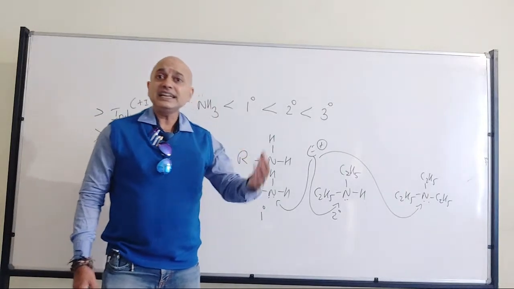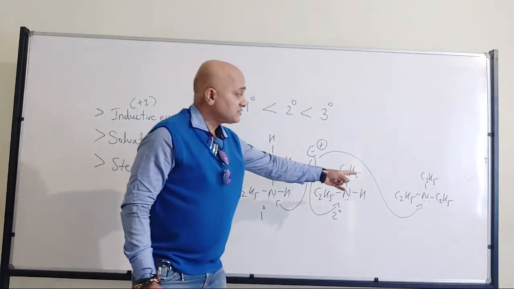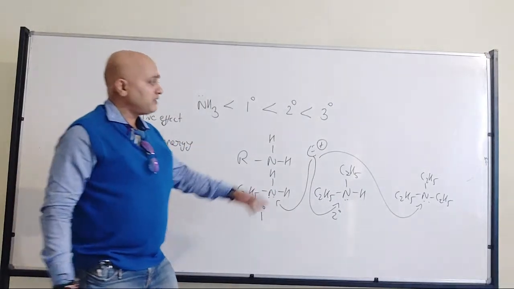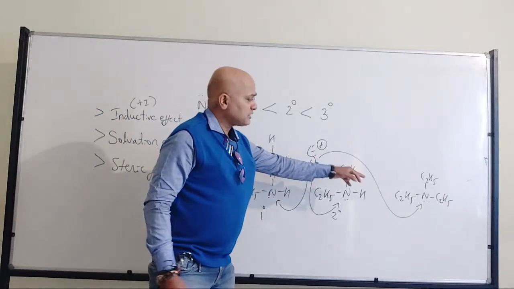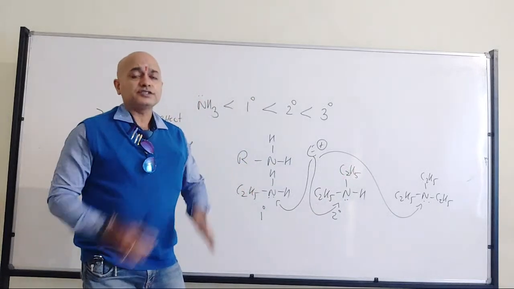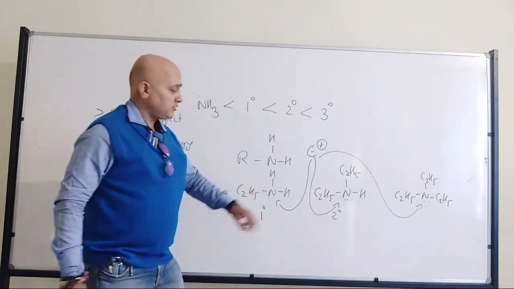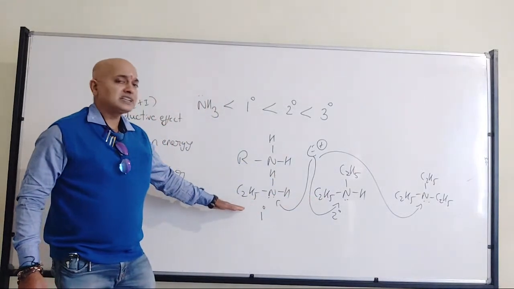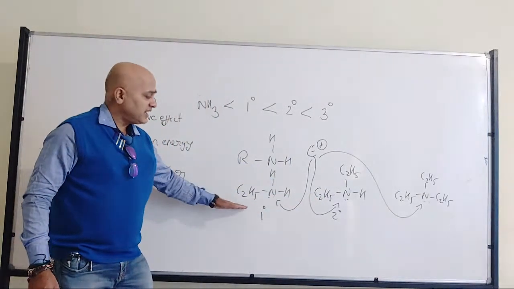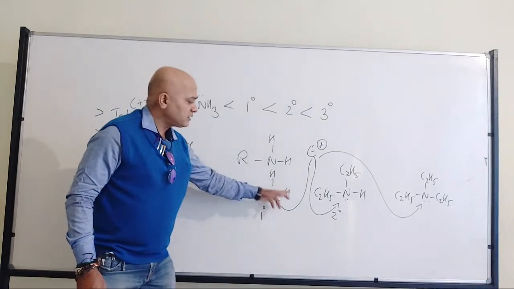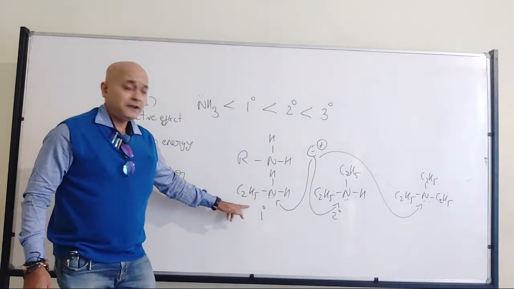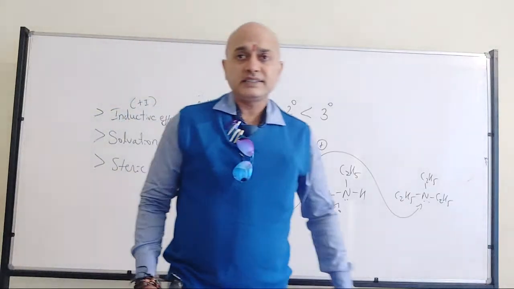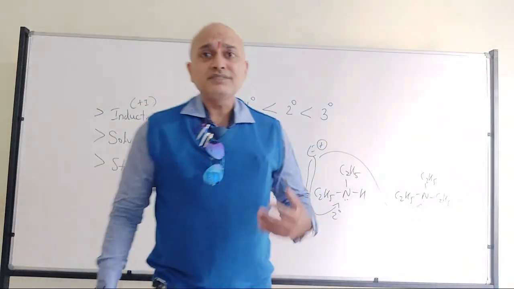It is like a 3D view. Fine? So that's where we have the tertiary amine, where for the lone pair of electrons to attack this electrophile, there is a hindrance due to the large molecules. Now same logic is applicable here and here. Since very few groups are there in primary, it can be easily attacked by the electrophiles. Right? So it's very simple.